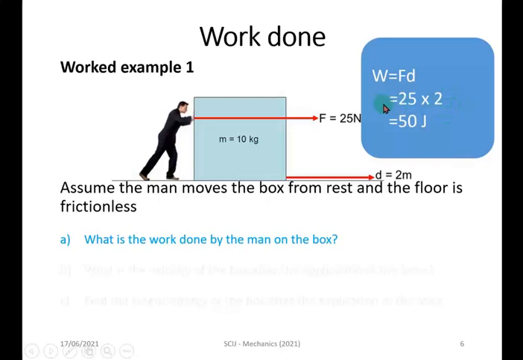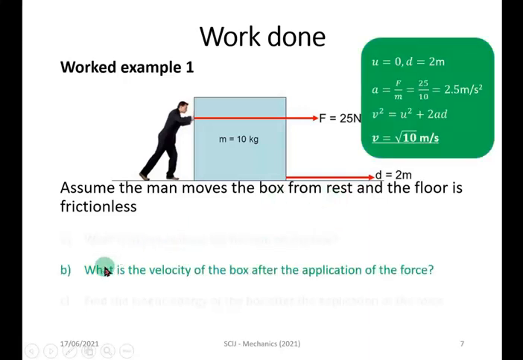Later on, we are going to modify this formula, especially when the force is not parallel to the distance traveled. So it's straightforward. We get 50 joules. That's the energy the man is putting into the box. So the box must now gain an energy of 50 joules.